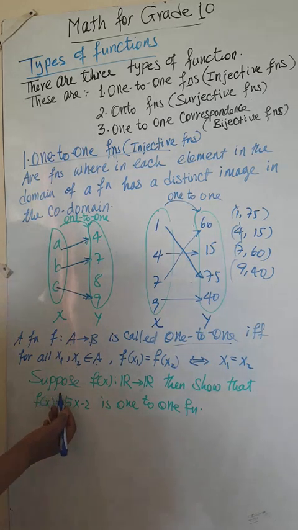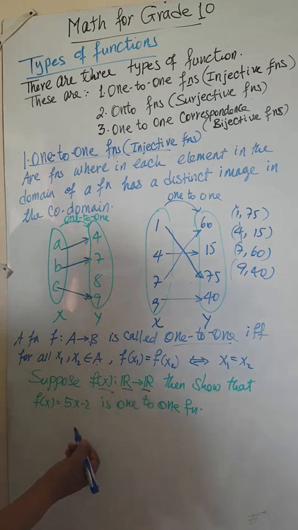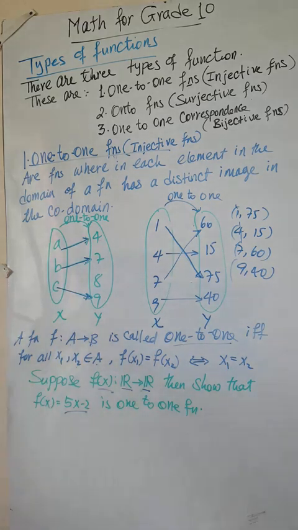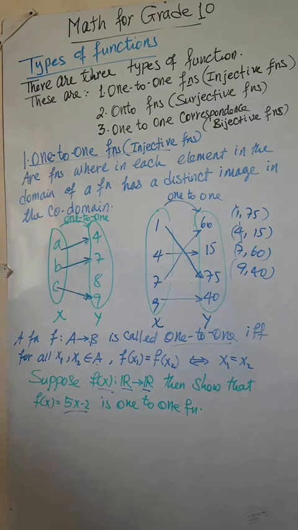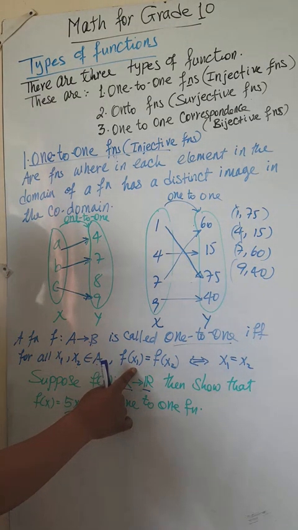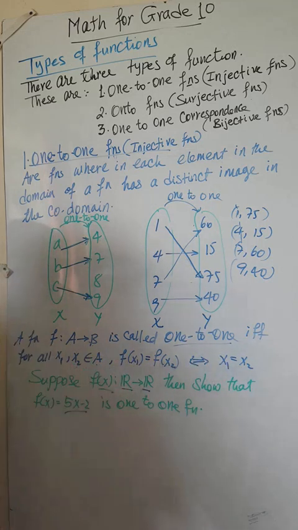እዚህ ጋር suppose f of x goes from set of real numbers to real numbers. The domain is real number, the range is real number. Then show that this function f of x is equal to 5x minus 2 is one to one function. By definition ምን አለን? Now if f of x1 is equal to f of x2, x1 እና x2 እኩል ከሆኑ this is a one to one function.